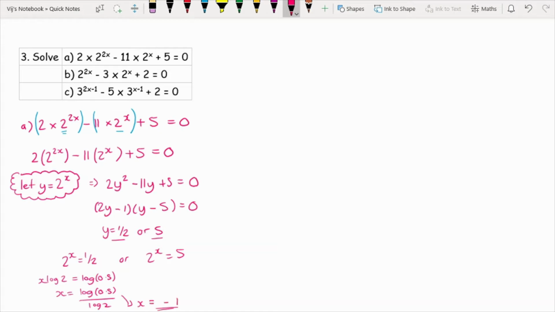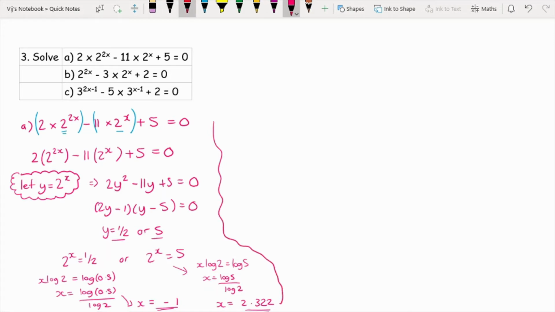Now in this situation here, I've got x log 2 equals log 5, so x equals log 5 over log 2, in which I get an x value of 2.322 to 3 decimal places.